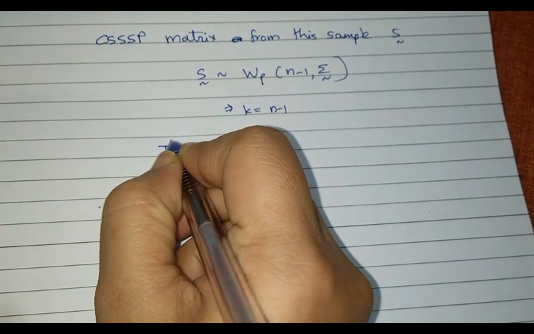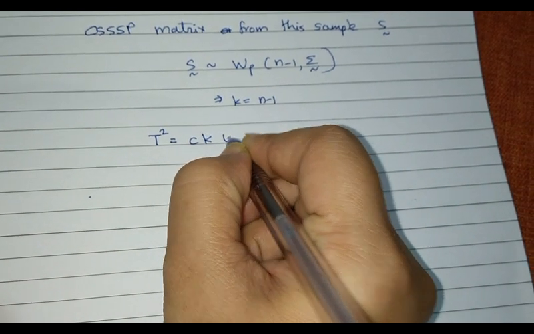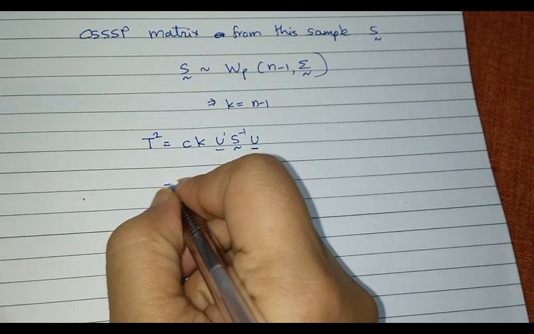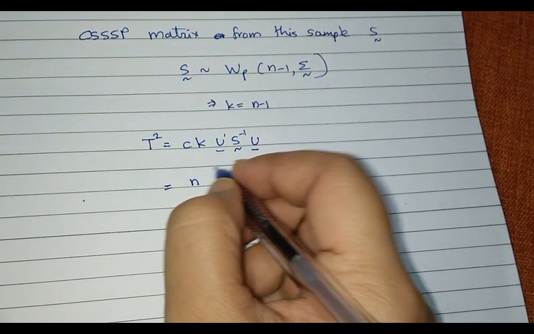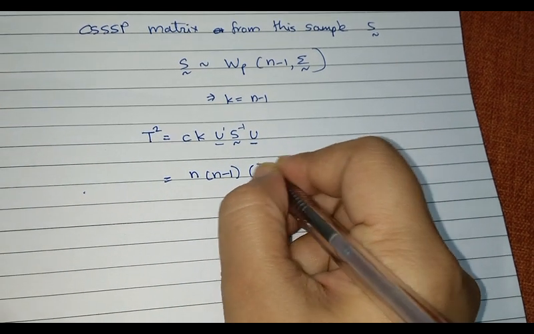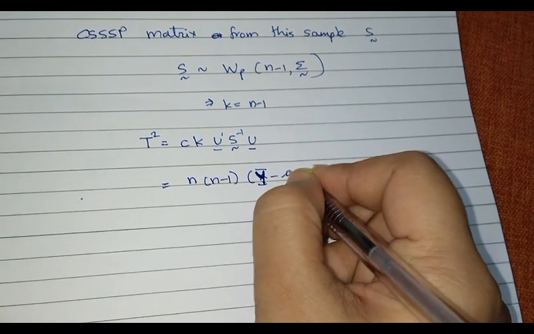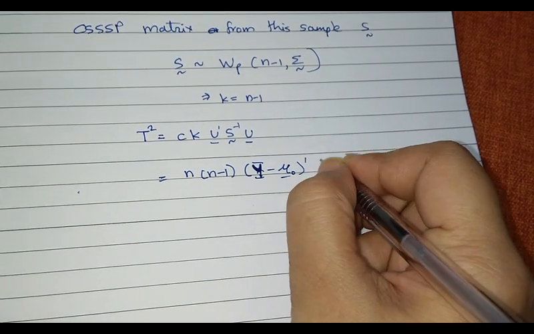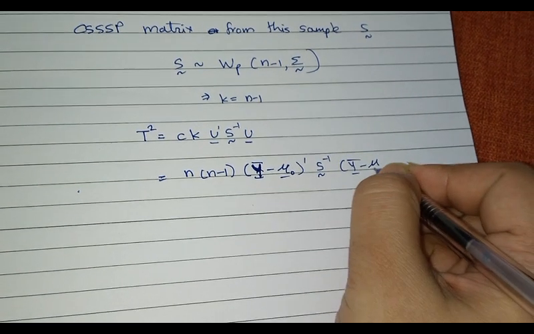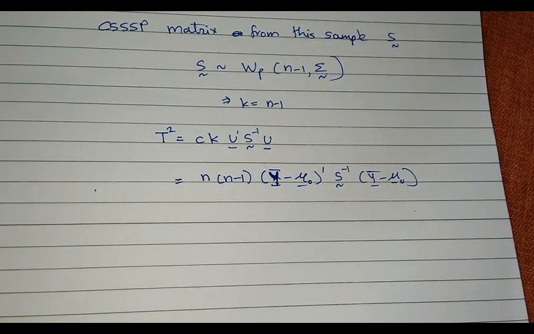So my T-square statistic, we saw, is C K U prime S inverse U. I would rewrite this with C as n and K as n-1. Sorry, I am using y bar, not x bar. So it is y bar minus mu naught prime S inverse y bar minus mu naught, times n into n-1.